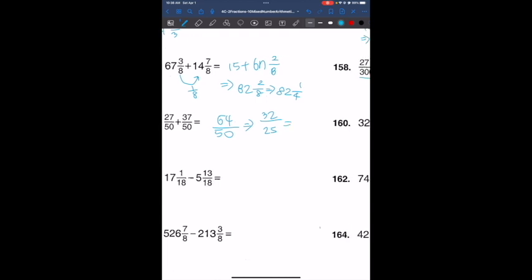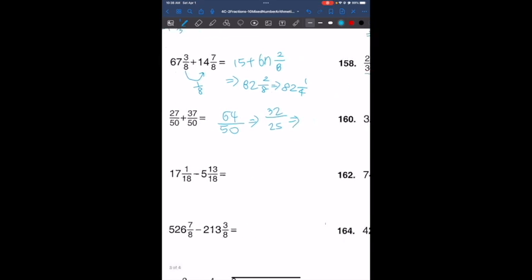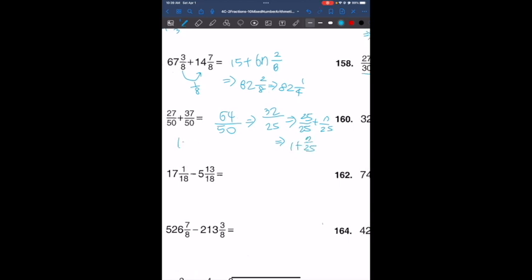And that is going to be 25/25 plus 7/25. Oh, sorry, 7, not 8. And so that's going to be 1 plus 7/25. So our answer would be 1 and 7/25.